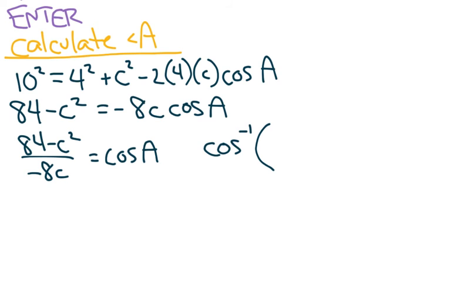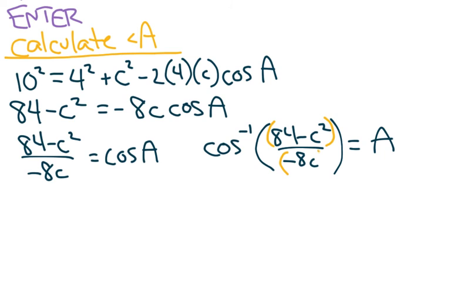Cosine inverse of 84 minus c squared over negative 8c equals A, big A. That's what it equals. So a somewhat foolish thing would be to say the answer to whatever this was on the left side was the actual answer, which is going to be quite a small decimal. But the correct answer is actually what we're putting in over here, arc cosine. And so just be careful here.